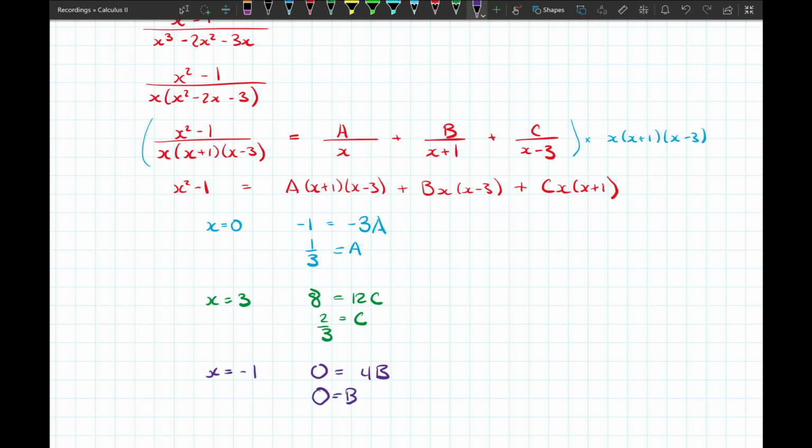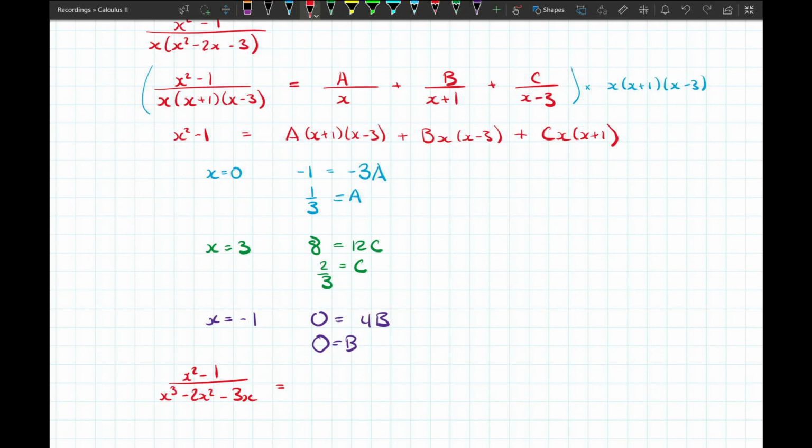And once again, I've got a, b, and c by coming up with three independent equations that spur off from this main equation here. Now it's simply just a matter of plugging those into the partial fraction forms so I can see what the decomposition looks like. X squared minus 1 over x cubed minus 2x squared minus 3x is equal to a over x.